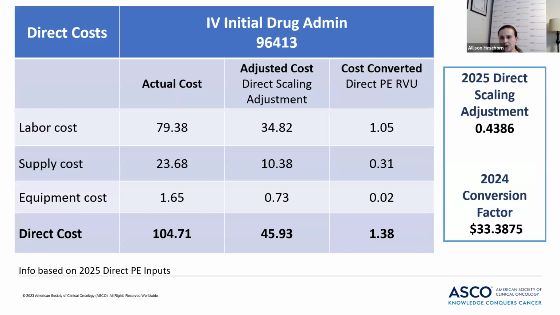So you can see here when the scaling adjustment is applied, in this case, this cuts the cost in half. And this is occurring to pay for some of the updates, such as the increase in clinical labor per minute. And then lastly, the costs are converted to create the PE RVUs using the 2024 conversion factor.